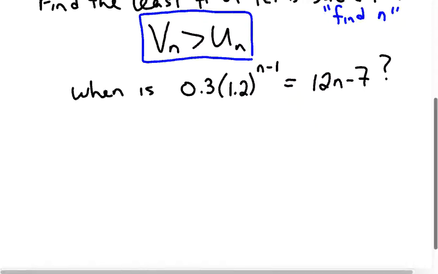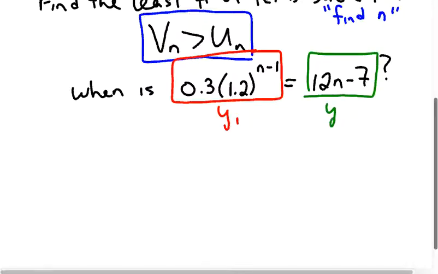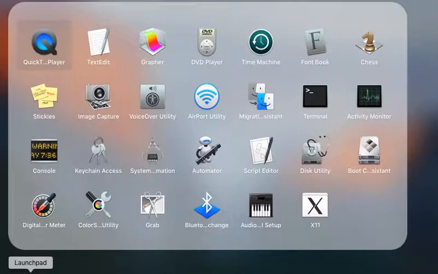So we're going to look at it like this for a second. And then what we can do is we're going to take this left side of the equal sign. We're going to call this y1. We're going to look at the right side of the equal sign. We're going to call this y2. And we're going to put it into the calculator. And we're going to graph it and find where the intersection is. So let's see if this is going to work for us.